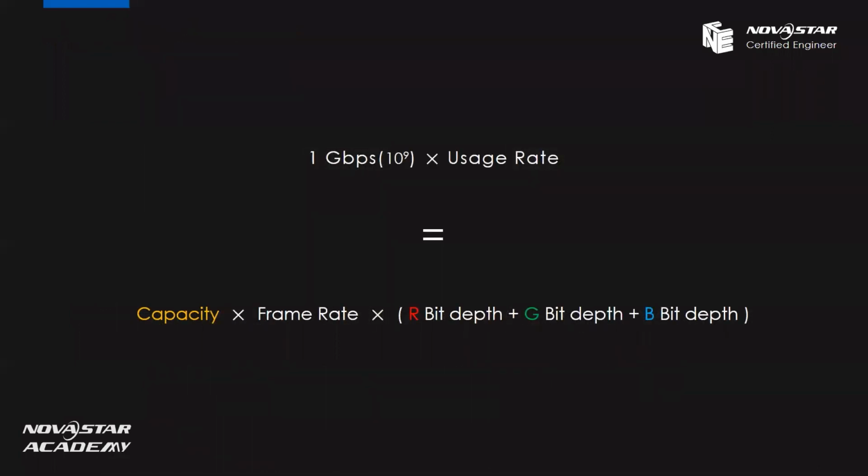But here I have a question for you. Why is the loading capacity of each output port 650,000 pixels? Actually, there is a formula. Here we can see 1 gigabit is the bandwidth of each Ethernet cable, and 93.6% is the average we can use.